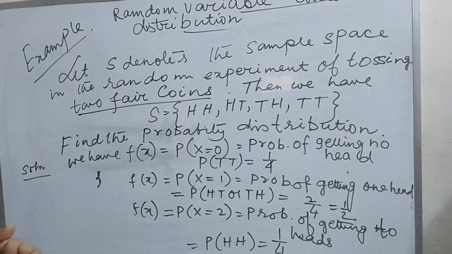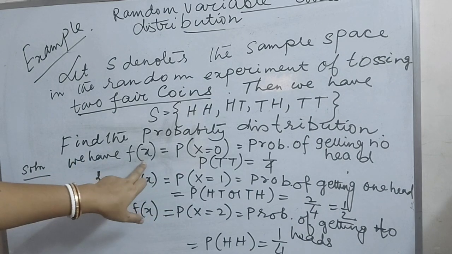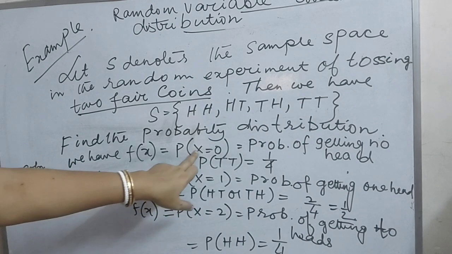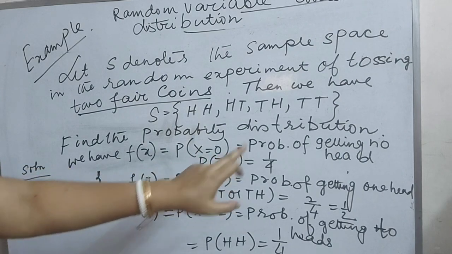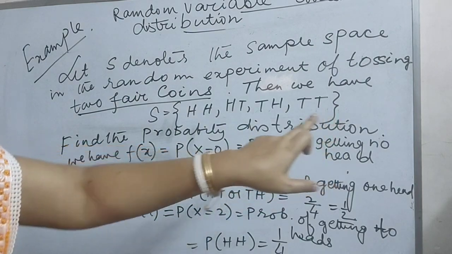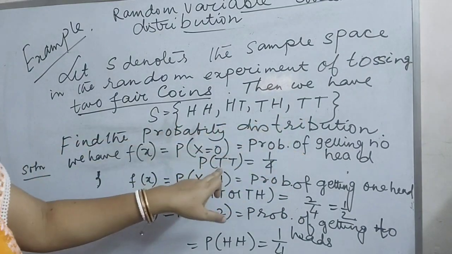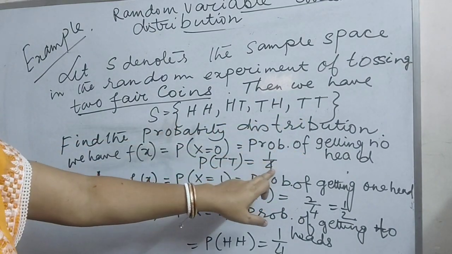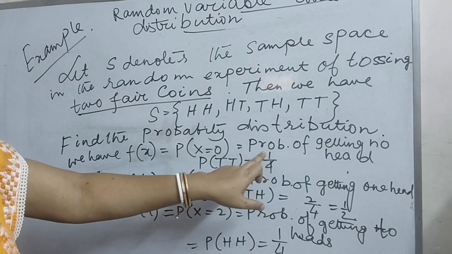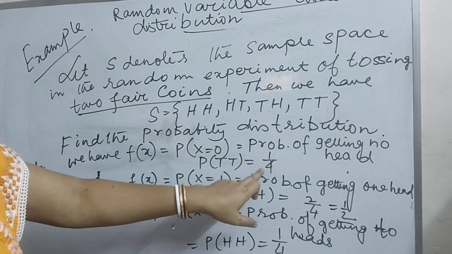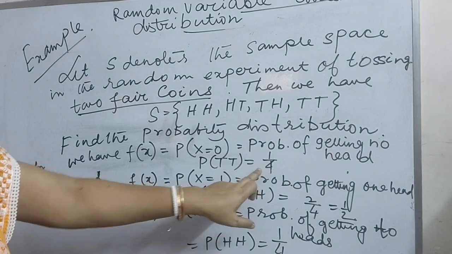Now, f(x) equal to P(X equal to 0), that means probability of getting no head, that means probability of TT, that is 1 by 4. 1 is the favorable outcome and 4 is the total outcome.